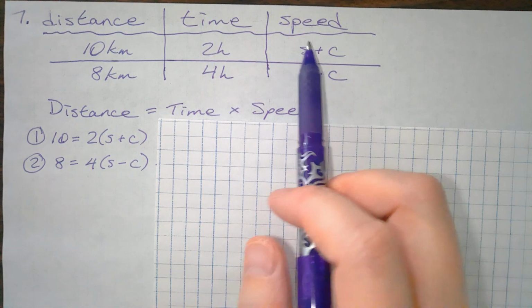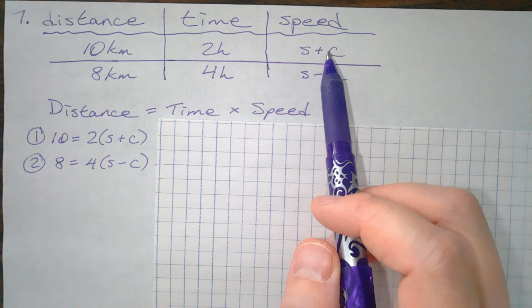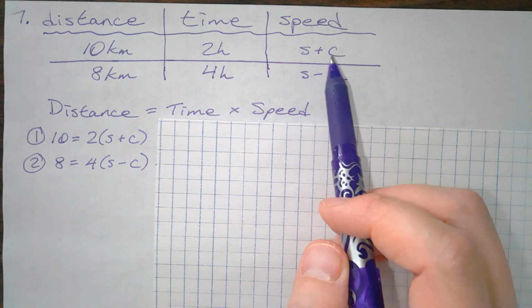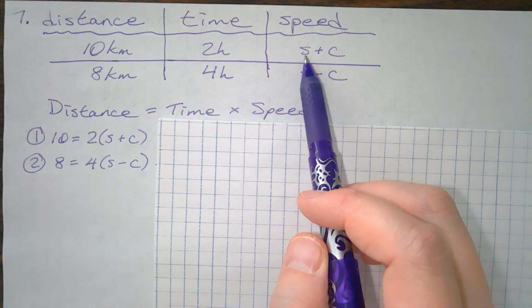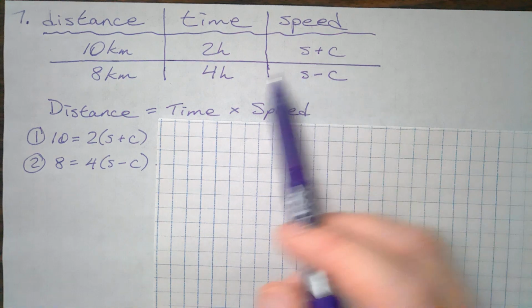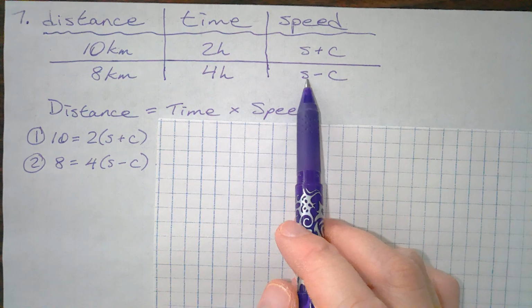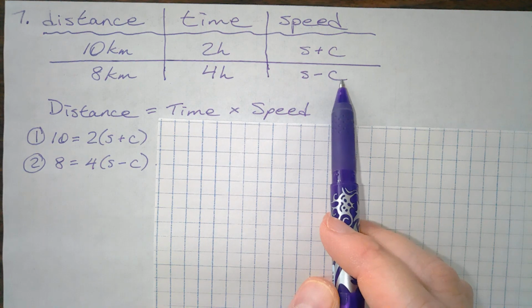Again, going downstream, we have the help of the current, so your speed is your rowing speed plus the current speed. But when you go upstream, it's your rowing speed minus the current speed, because it's pushing you back.